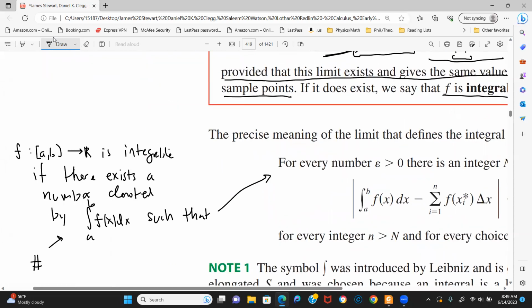You can show that if this number exists, this number is unique. It's the only number satisfying this property.